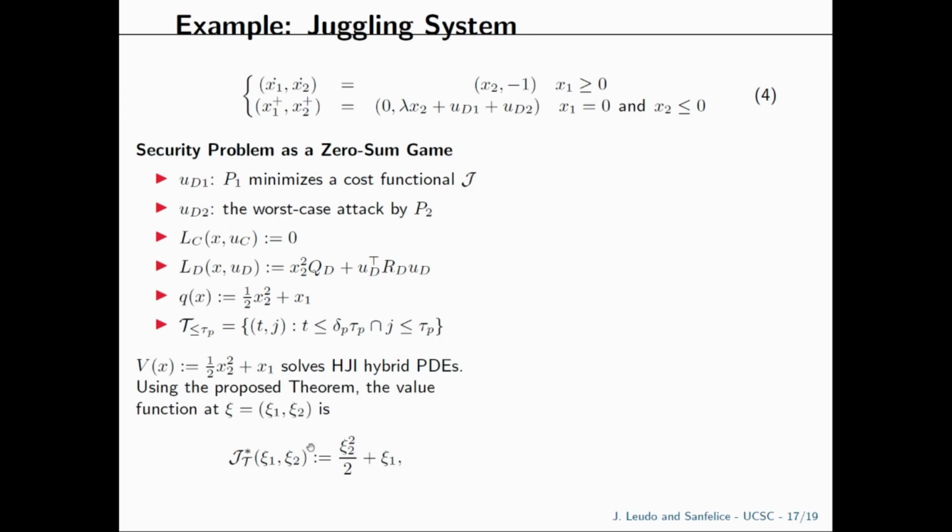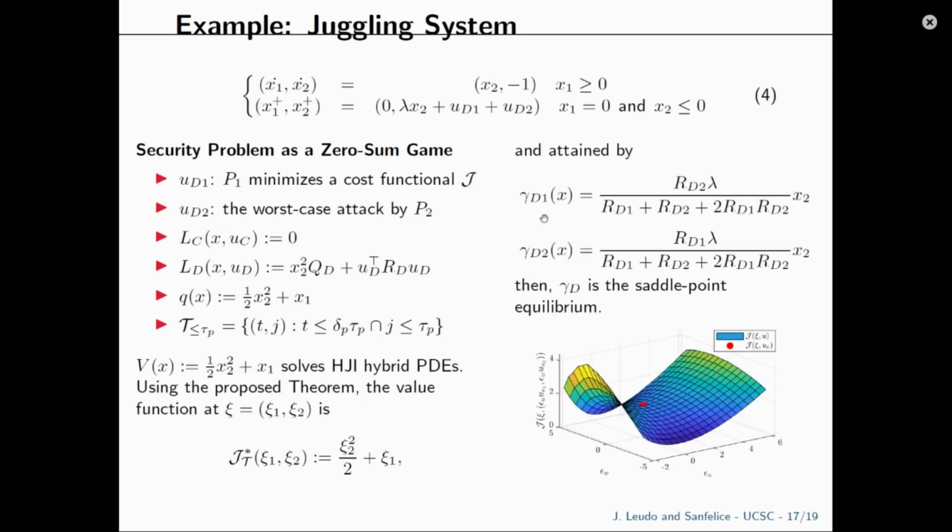And based on our main result, if we evaluate such a function at the initial condition, that's how we can calculate our value function. And this is attained by the feedback laws gamma D1 and gamma D2 that are the saddle point equilibrium. The bottom figure illustrates the saddle behavior by depicting the cost associated to each of the strategies played by each of the players.